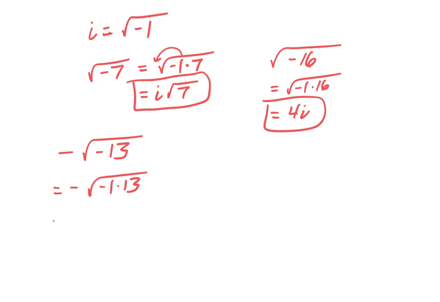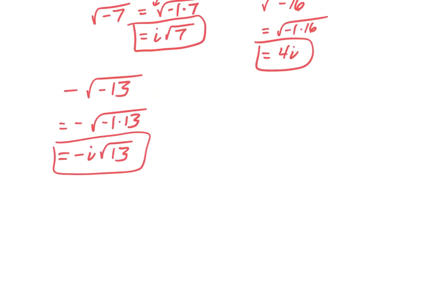So this would become -i radical 13. And so that negative doesn't go anywhere. It just stays out there in front. The i is the only thing that comes out. And basically what we've done is we've gotten rid of the negative underneath the radical, and now it's a number that we can do.